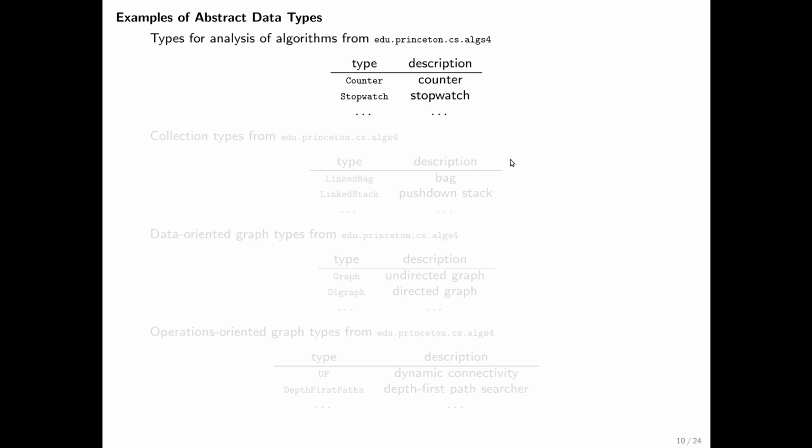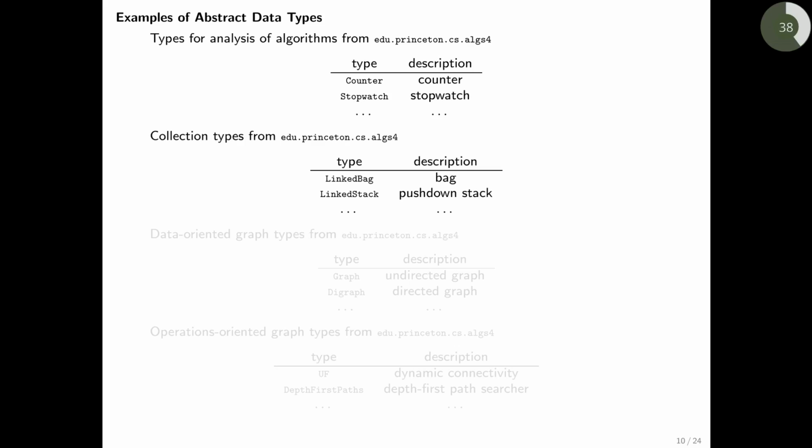Some more types in that same package. You also have types such as Counter, which we talked about before, for keeping track of the number of operations. And then there is a type called Stopwatch that you could use to instrument a piece of code, meaning to figure out how long it took for that code to execute.